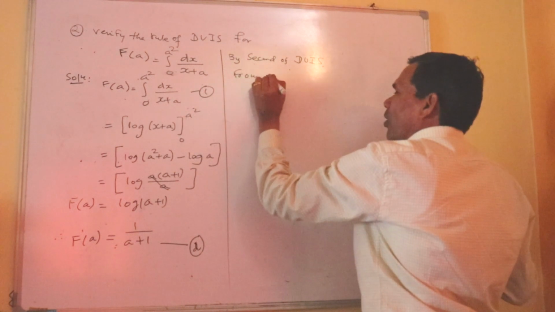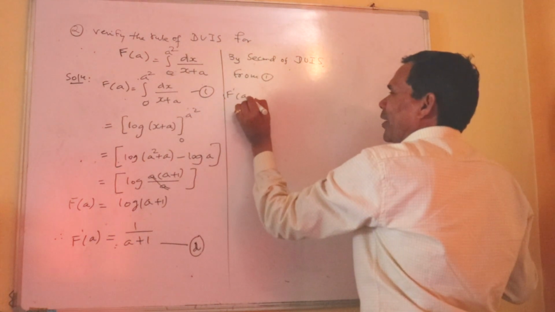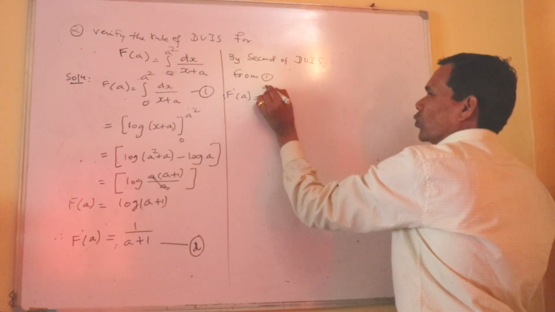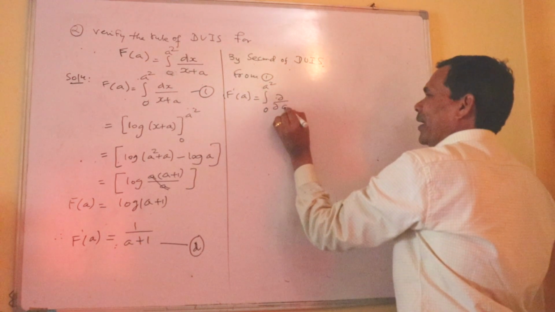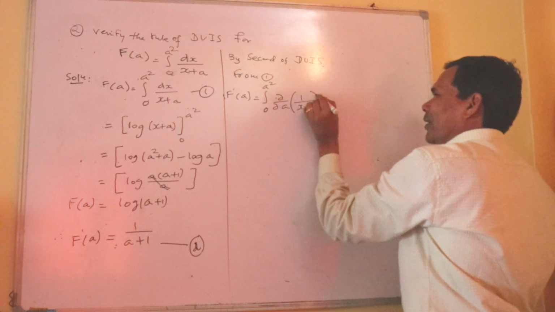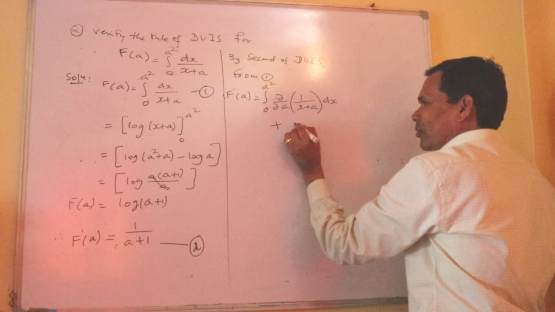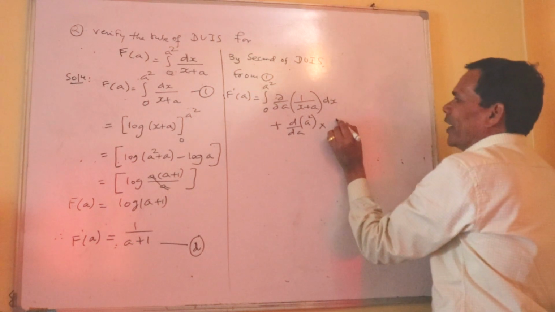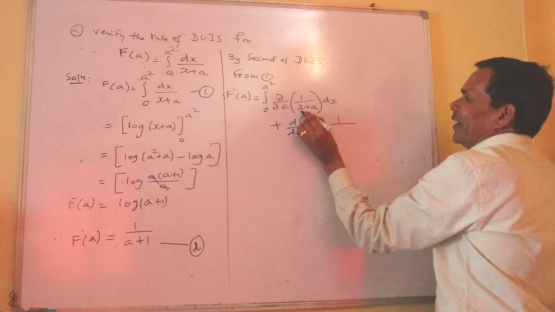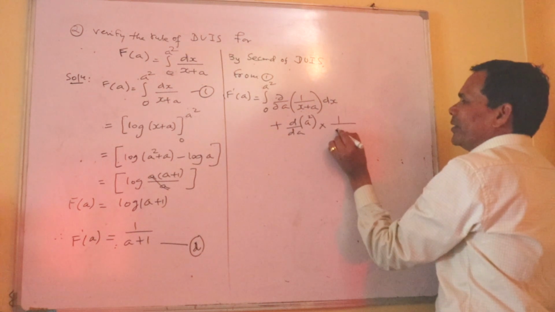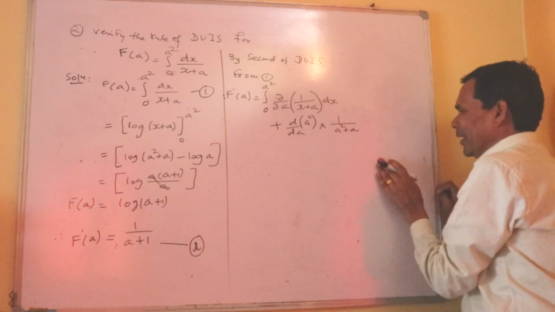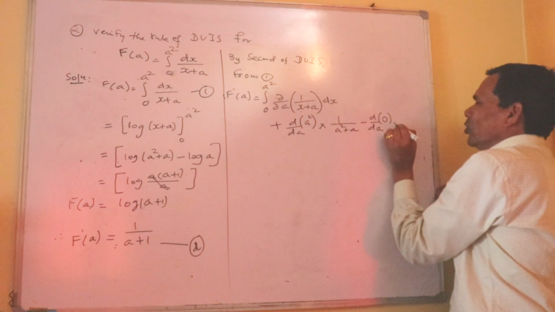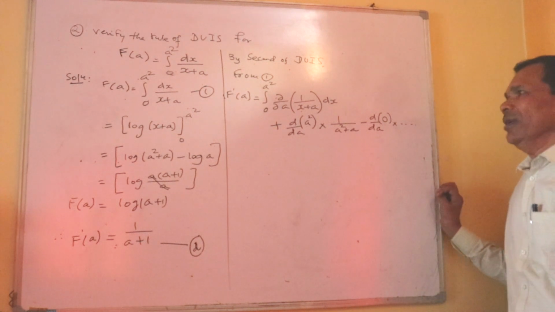From 1, f dash a: we apply the second rule because limits depend upon parameter a. f dash a is the integral from 0 to a square of the partial derivative with respect to a of 1 upon x plus a, into dx, plus d by da of upper limit a square into 1 upon x plus a, where x is replaced by upper limit a square, minus d by da of lower limit 0, and this 0 multiplied by the whole thing is 0.